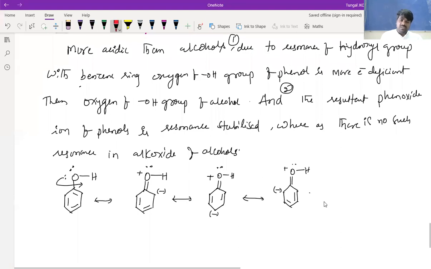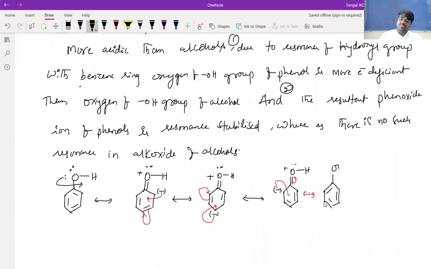If this bond is shifted here, this bond will be shifted onto this carbon in the form of a negative charge. When this bond shifts here, this bond shifts over here. If this bond goes here, then again it will get this particular structure. These are all resonating structures.